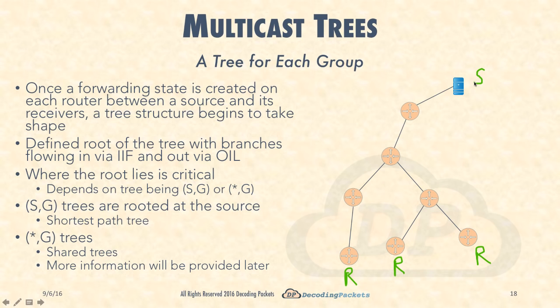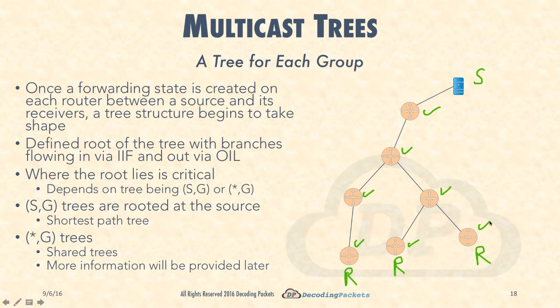Once the forwarding states have been applied on all of these routers, all of these mid-hop routers or whatever routers are lying between the source and the destination, you create a state here, and a state here, there, and all of these routers.